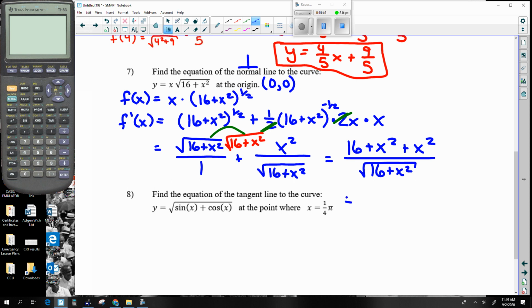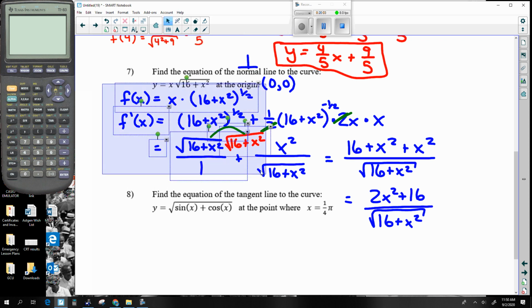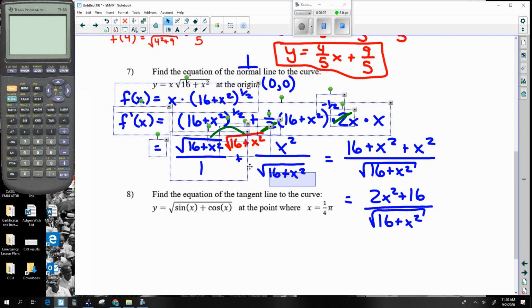Let's go one more. So that's 2x squared plus 16 over 16 plus x squared square root. Okay. A lot of cleanup for something that we're not even done with yet. So let me kind of minimize some of this and give myself some workspace here.